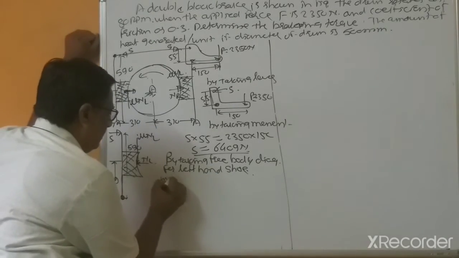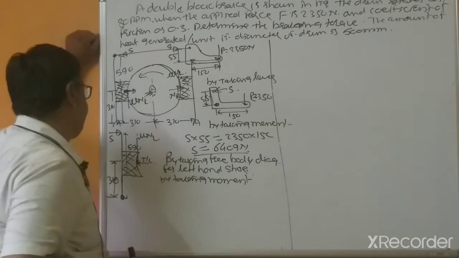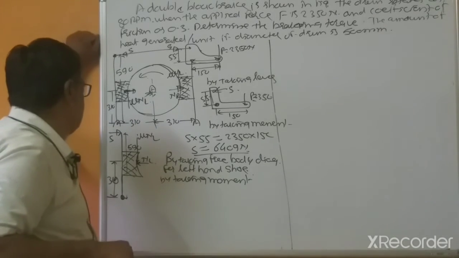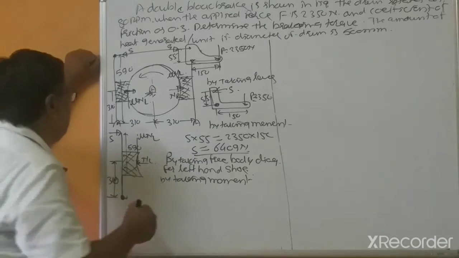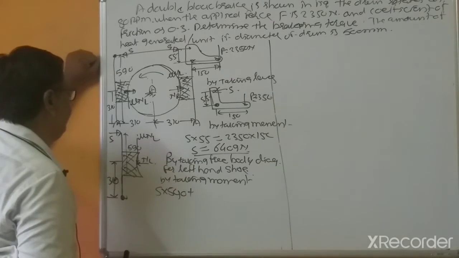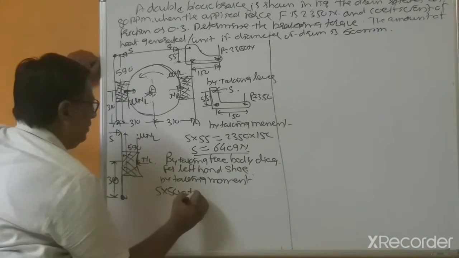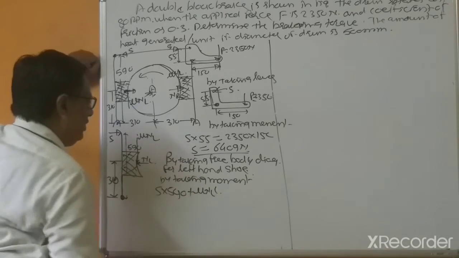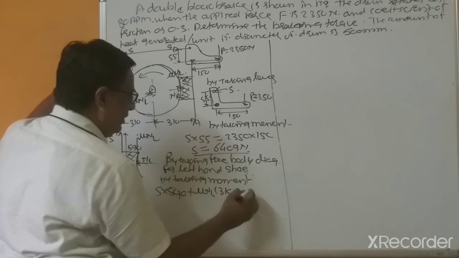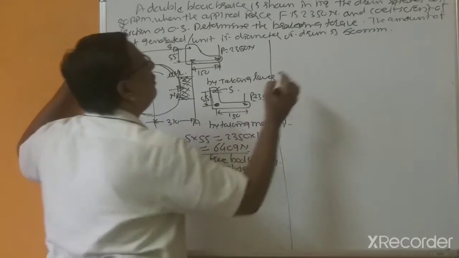By taking moments, S into 590 plus, so this is 310 and this radius is 250, so that's why mu NL into 310 minus 250, because this diameter is equal to 500 mm.